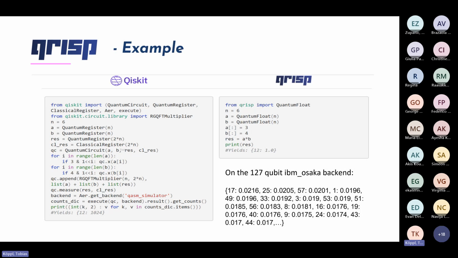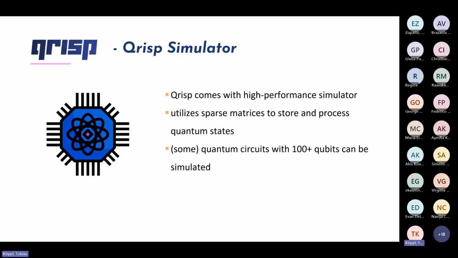Up to now, we hope that in the upcoming decades this will be solved. But using a simulator, as I said, you can simulate quantum circuits with more than 100 qubits. In order to accomplish this, we use sparse matrices to store and process quantum states.